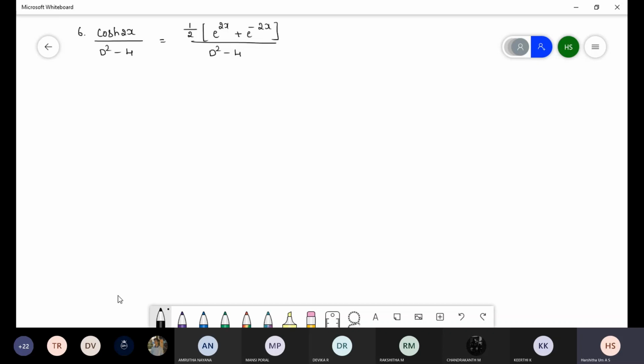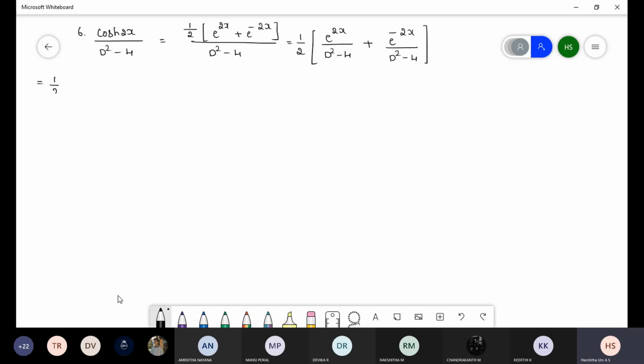As they have given 2x, we have to write like this. Now, I will write this 1 by 2 outside. Now, I will split this term: e power 2x by d square minus 4 plus e power minus 2x by d square minus 4. Now, here we have different a values.